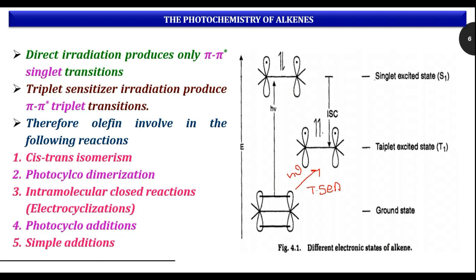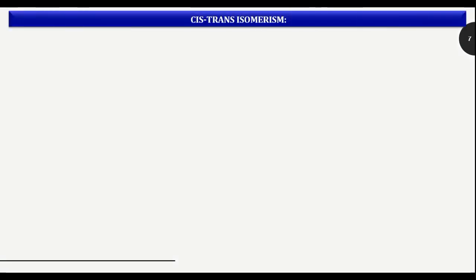So in our syllabus we have cis-trans isomerism. Generally when you take alkenes, this is called olefin or alkene. You see here I am taking R group here, here I am taking R group and H. So this is called cis molecule.